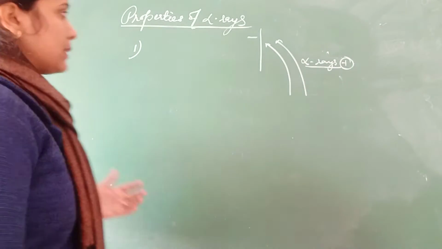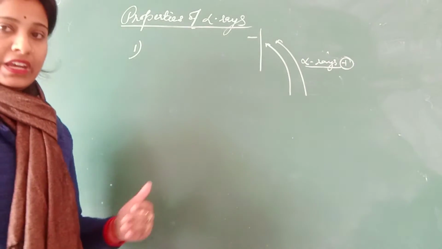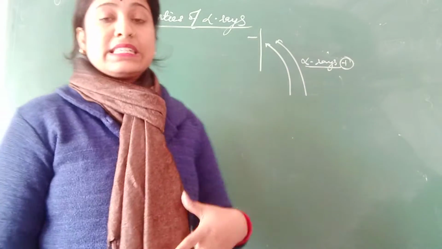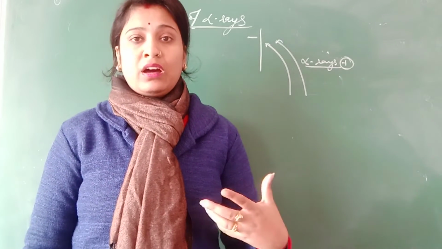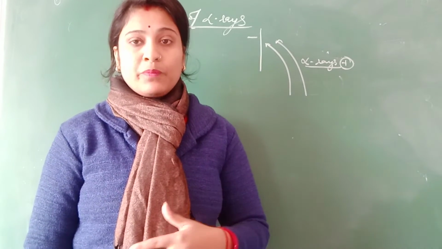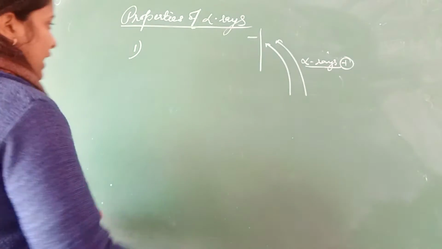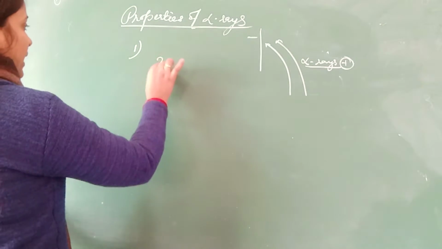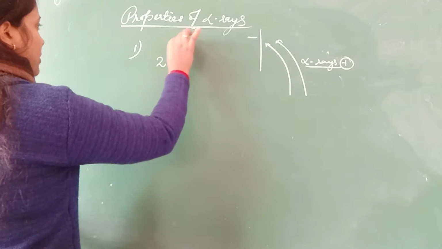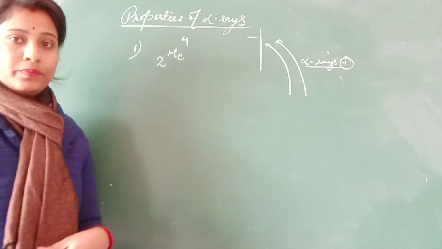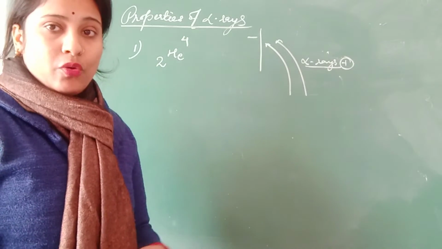The next is the representation of alpha rays. If an alpha ray is emitted during any radioactivity process, how are we going to represent it? Basically, an alpha ray is represented by the symbol 2He4.